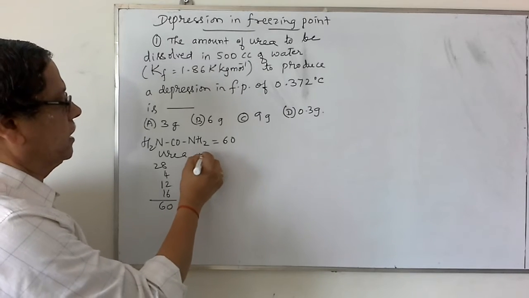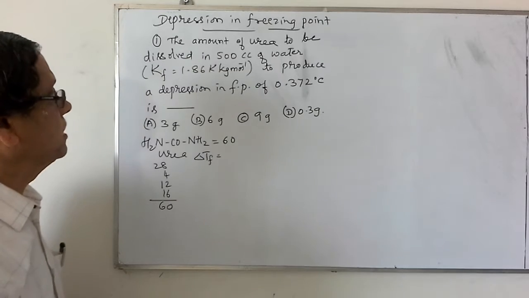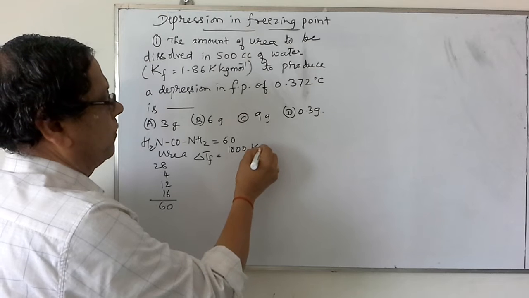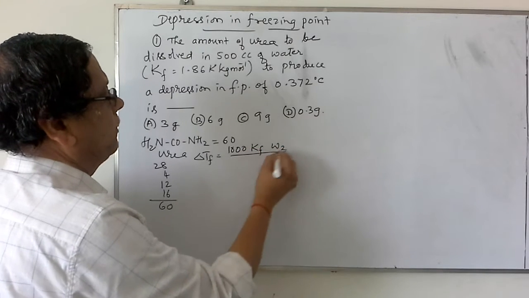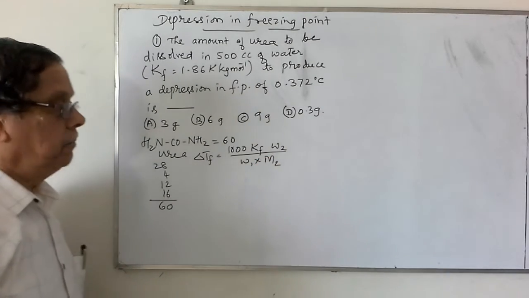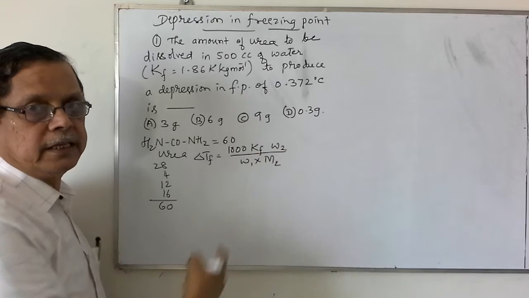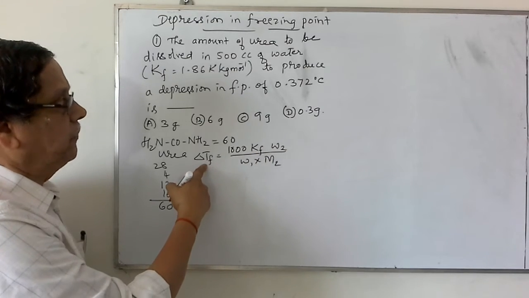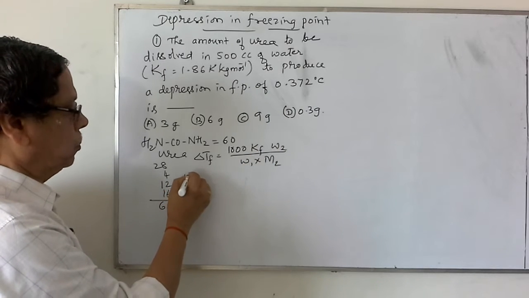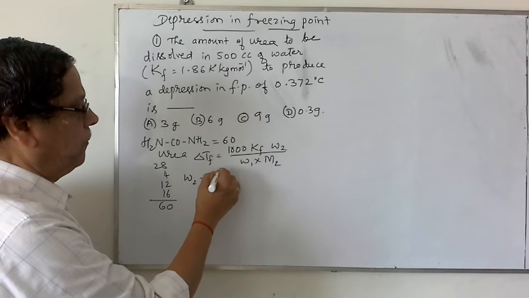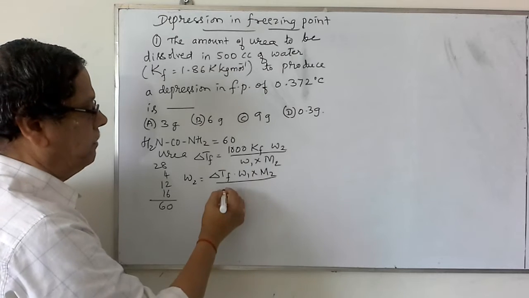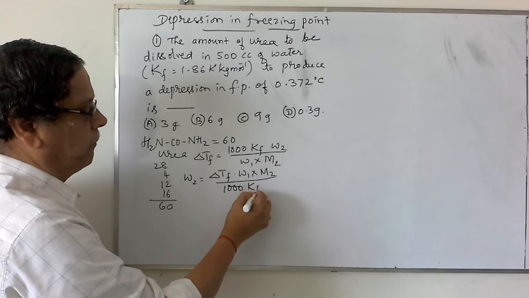So we have delta Tf, the depression in freezing point, is equal to 1000 Kf W2 divided by W1 into molar mass. But we are supposed to calculate the mass of urea, that is W2. Here delta Tf is given as 0.372 degrees Celsius. Therefore, W2 is equal to delta Tf into W1 into molar mass divided by 1000 Kf.